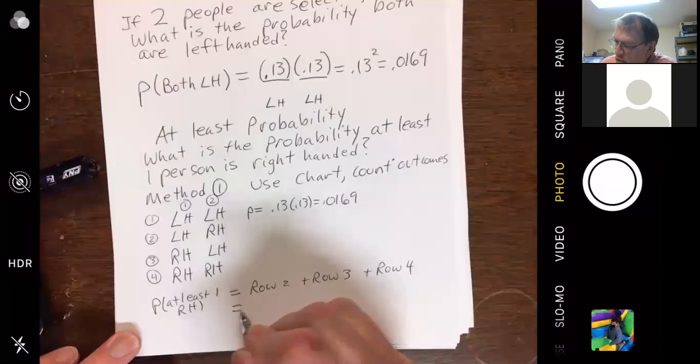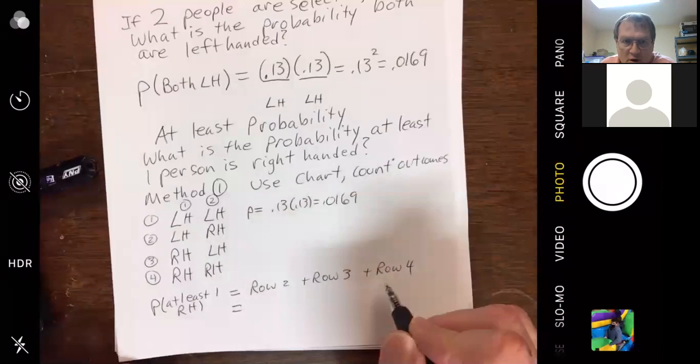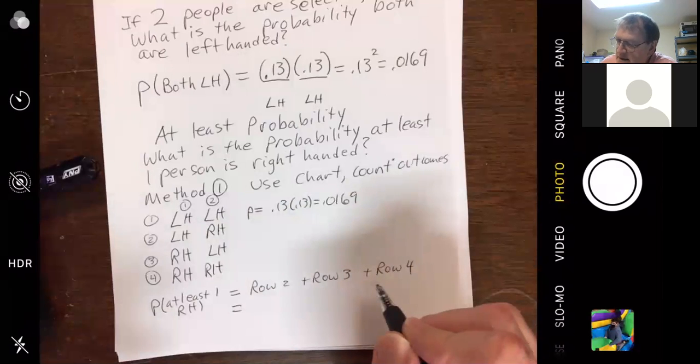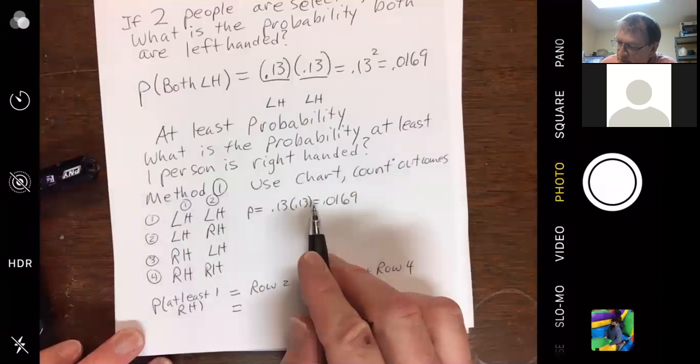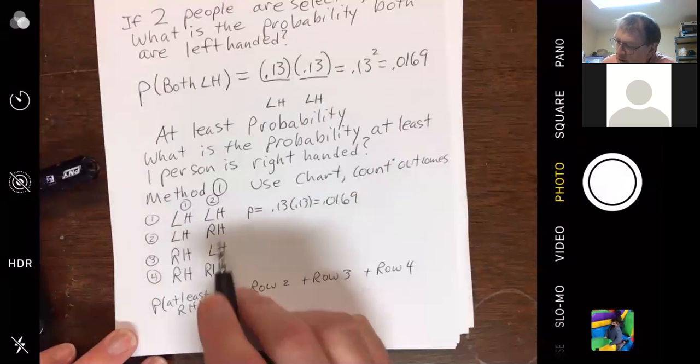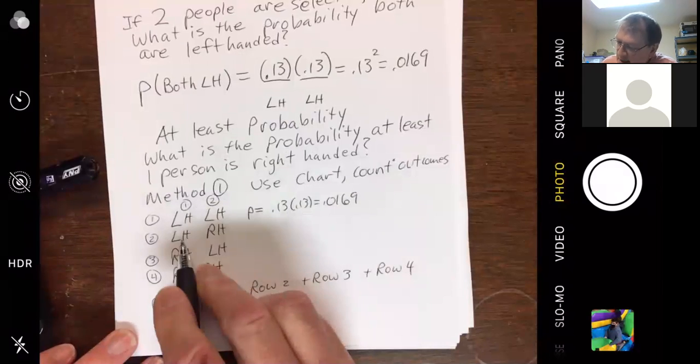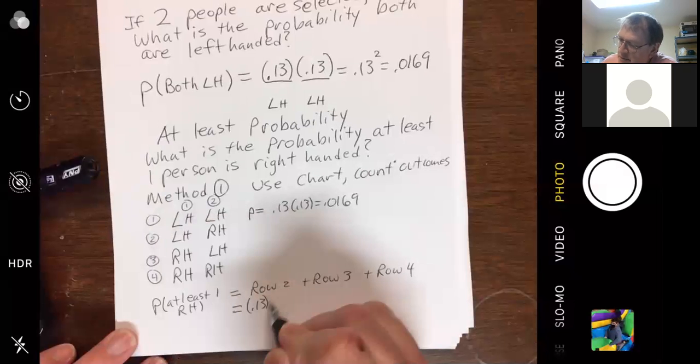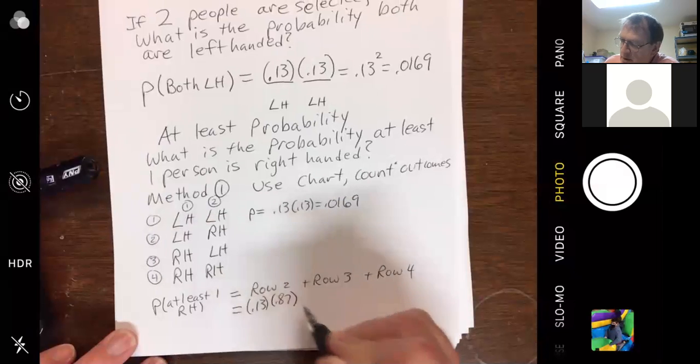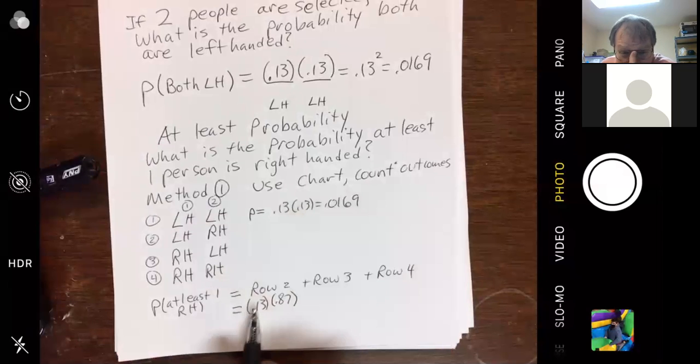Well, how do I figure row 2, row 3, and row 4? Exactly like I did row 1, except row 2 is going to be 0.13 for the left-handed and 0.87. Remember, they're independent. So the probability of getting a left-handed is 0.13, and the probability of getting a right-handed is 0.87, and they're independent. So they multiply.